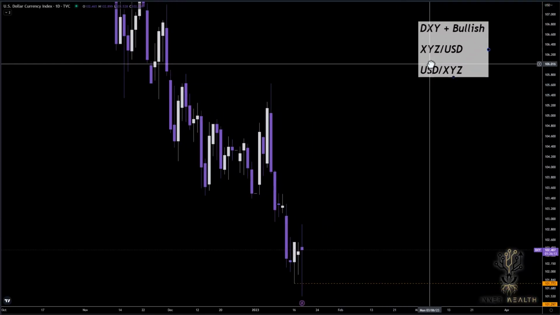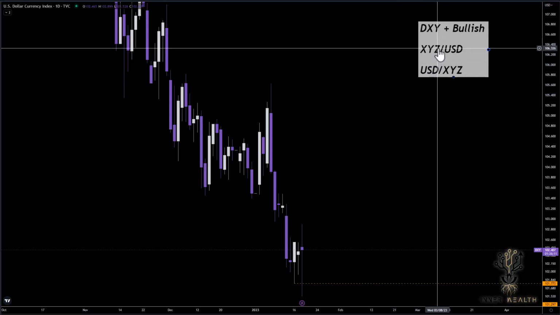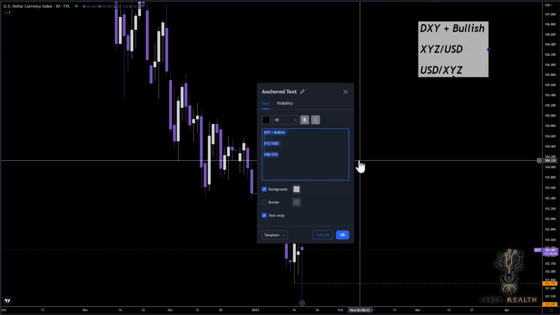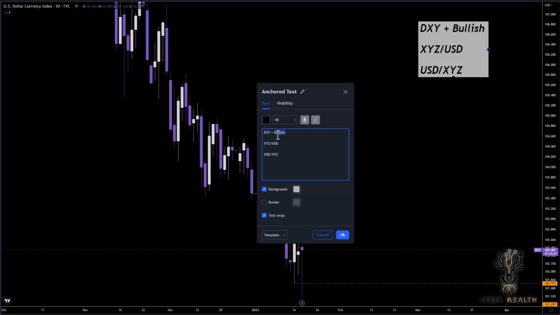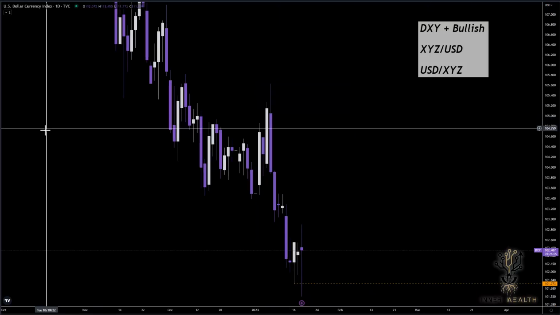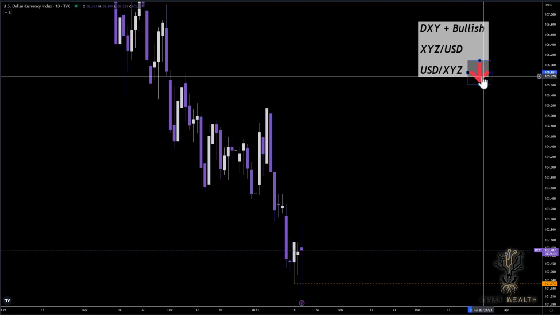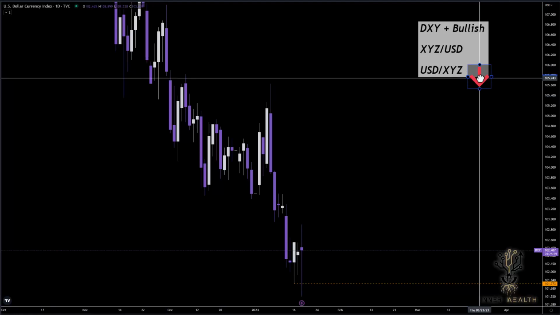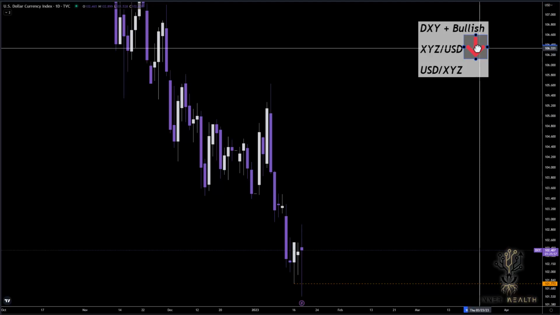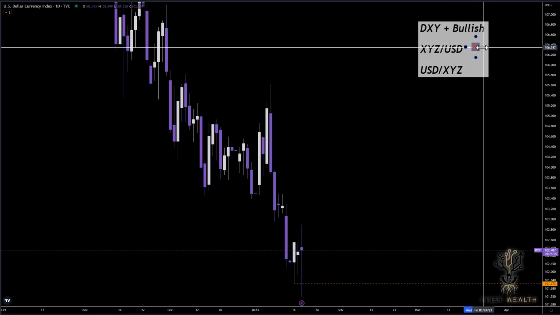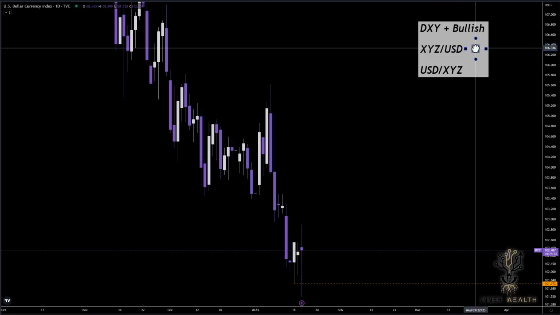Okay, being that it's a highly influential currency, when the US dollar is bullish, okay, you guys will find that price action maybe moving down for the secondary assets that have the US dollar.